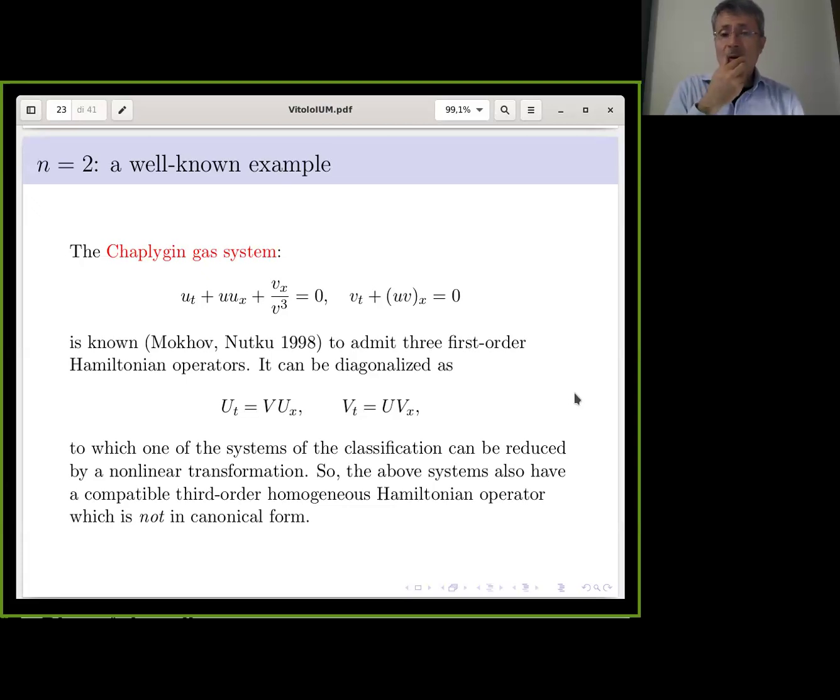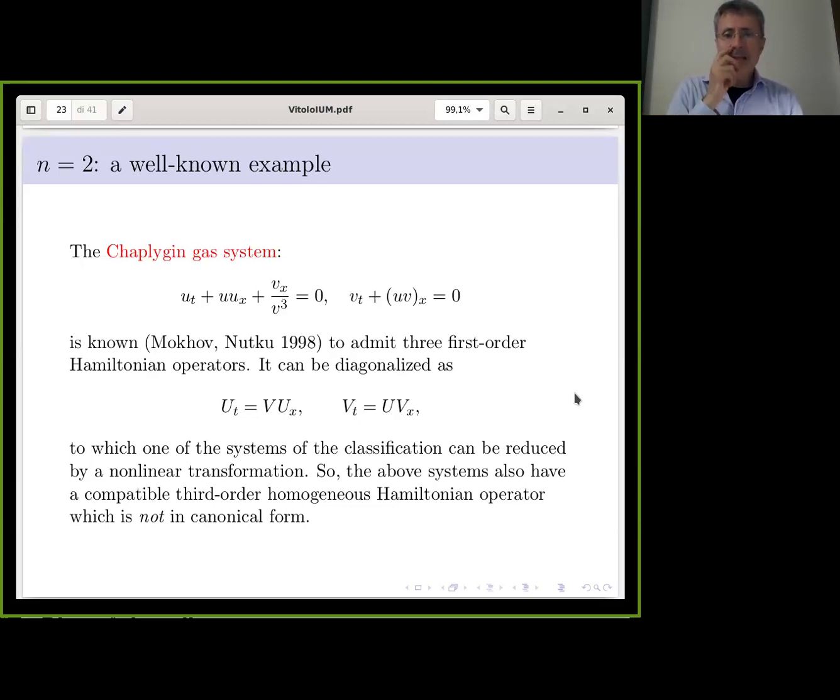But what happens is that it is clear that the diagonalizing transformation does not change the form of the three first-order operators. What is less clear is that the Chaplygin gas system has a third-order homogeneous operator. This diagonalized system has a third-order homogeneous Hamiltonian operator. The point is that these operators are not in canonical form, so it's difficult to express them.